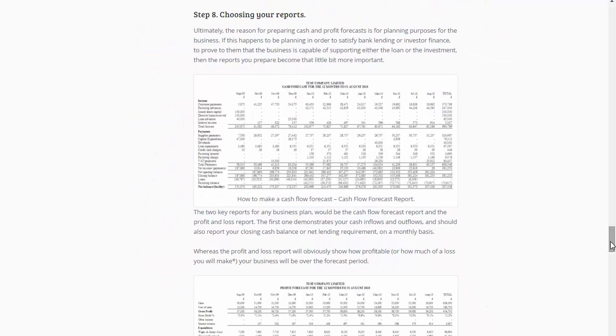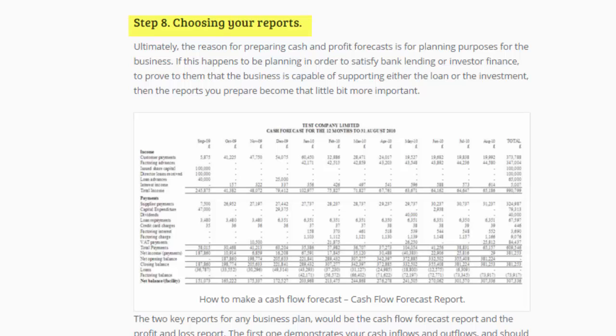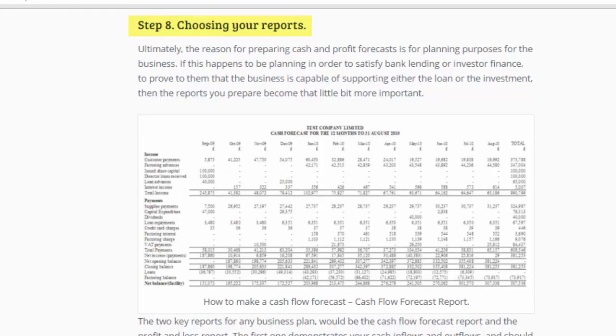Now once you've got all that information in there, the next stage would be to choose the reports that you want. Now there are going to be two very important basic reports. The very first one is obviously your cash flow forecast. So your cash flow forecast is a summary of all your cash inflows and all your cash outflows. And it will be an incorporation of all the things that we've talked about.